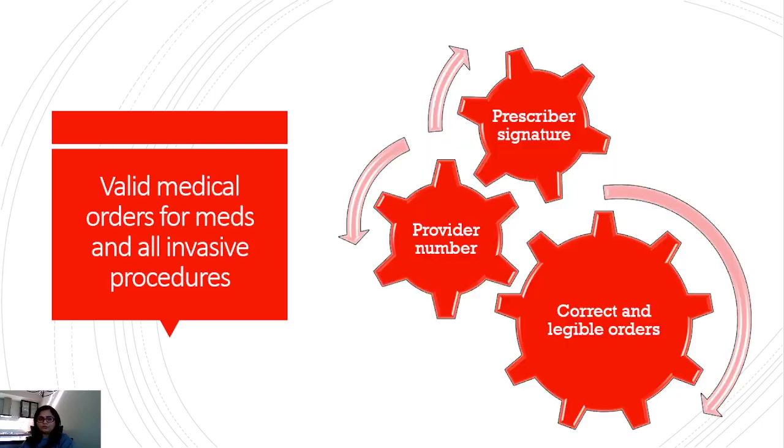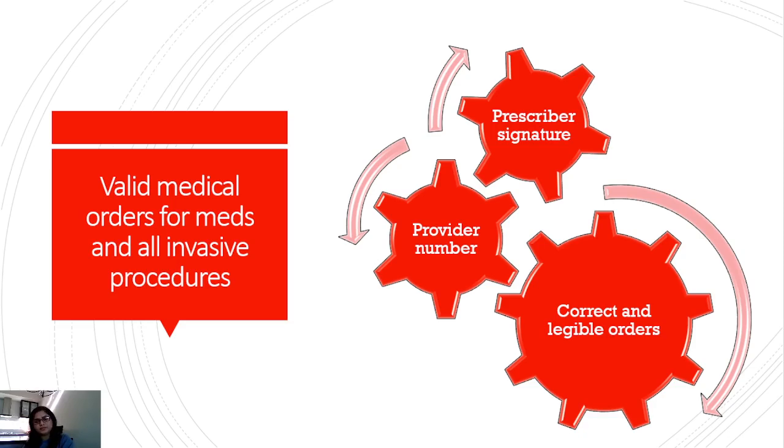Keep in mind that for any invasive procedure or medications, such as inserting a urinary catheter, we always need valid medical orders. Just like we need medical orders to give medications to someone in hospital, we need medical orders in the same way in a community setting as well.